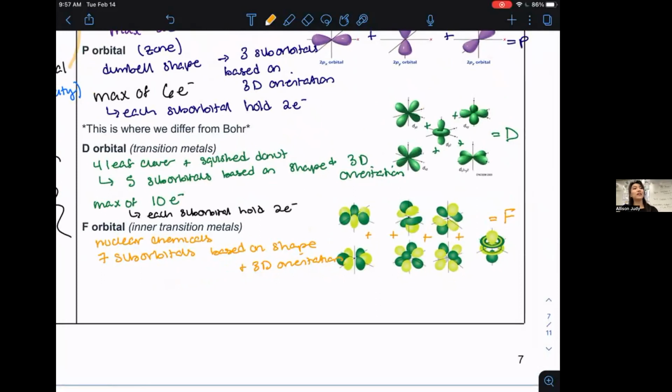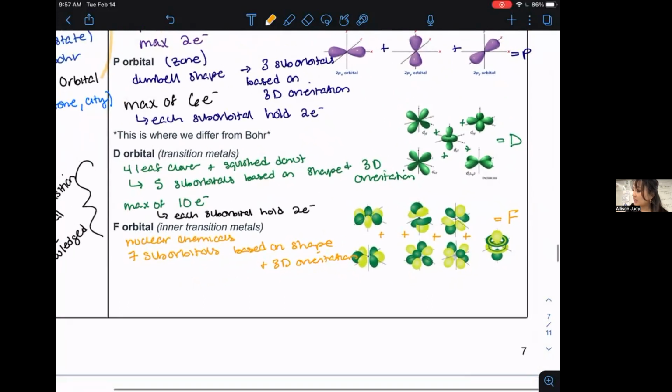But this is what we have generated through a series of tests, these shapes relative in space that together make up the F block. And by the way, each of these holds 2 electrons somewhere in there. So it's kind of weird, but if you don't think about it too much, it makes sense.